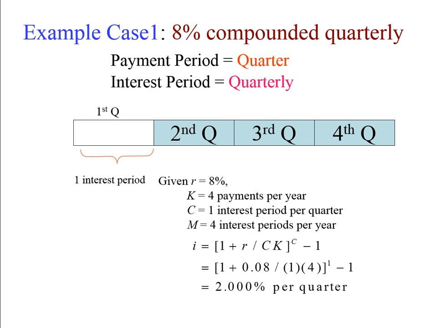So it's 8% divided by 4, and we know that the interest period is 1 within that payment period, multiplied by 4, so 8% divided by 4, that's 2%, and C, like we have here, is 1, minus 1, and that will be 2% per quarter. So that will be the interest per quarter.